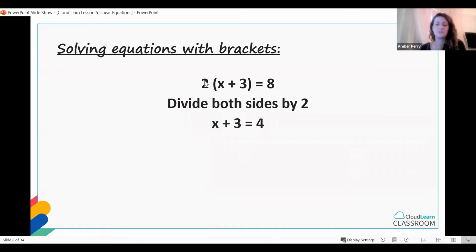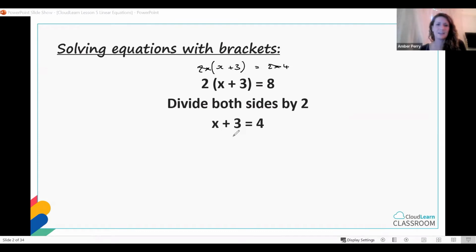I've divided by 2 because what I have on this side is 2 multiplied by the bracket x plus 3, and you can see that we've got 8, which is the same as 2 multiplied by 4. So by dividing both sides by 2, I'm simplifying that down to x plus 3 equals 4.